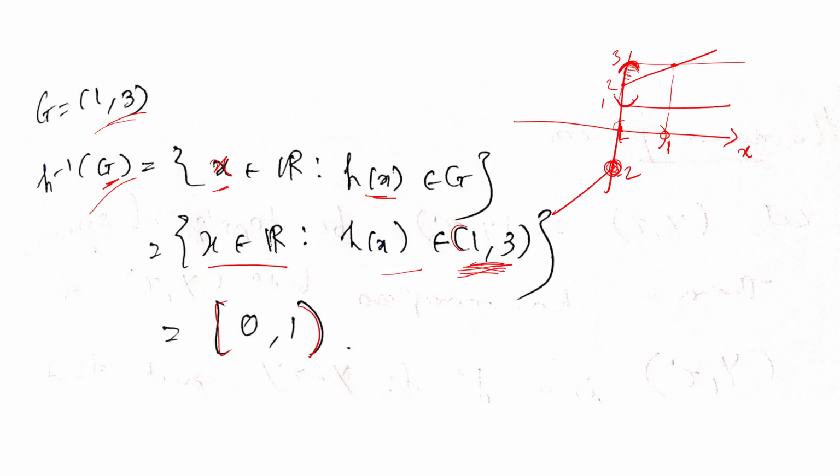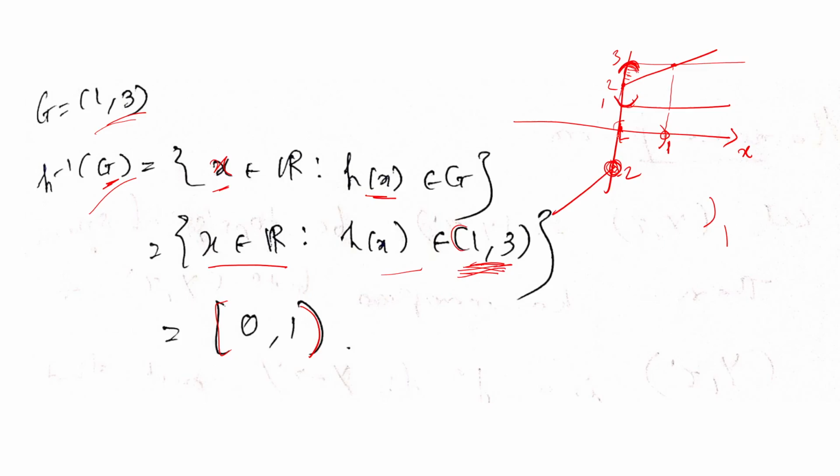Now if you are taking the inverse image for 1 to 3, how will it look? So for 3, you can see that it is open at 3, so you will get at 1, right? It is cutting at 1 here on x-axis, so you will get open at 1. Now what about this side? Here you can see that you are getting images up to this part, right?